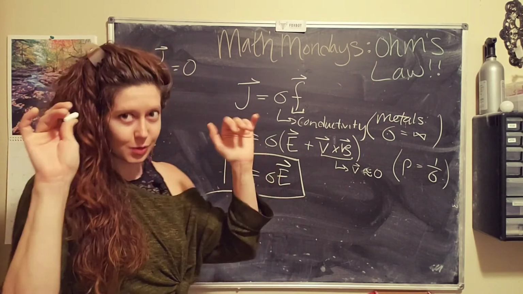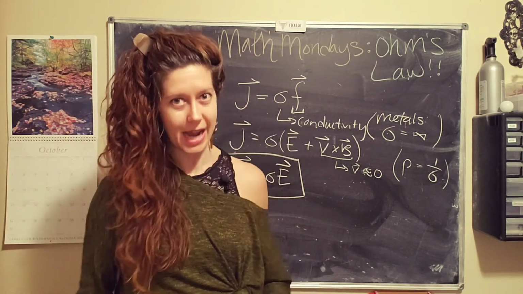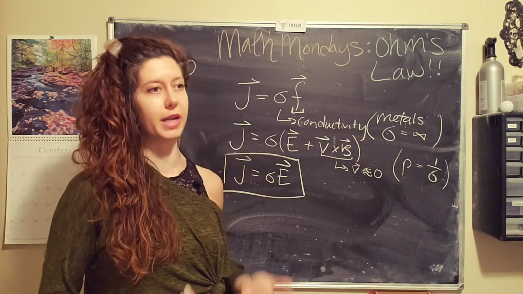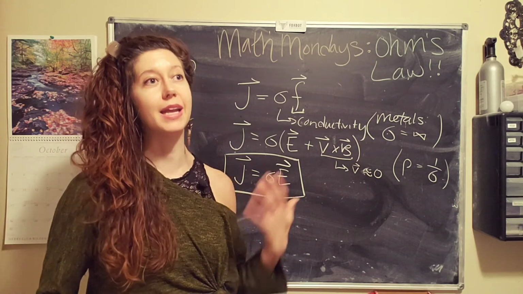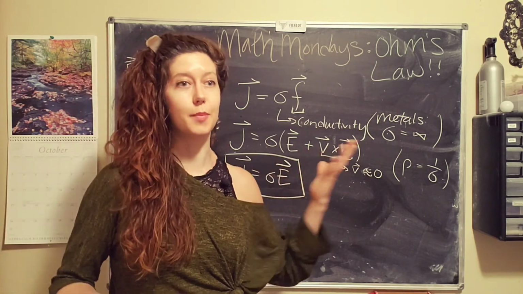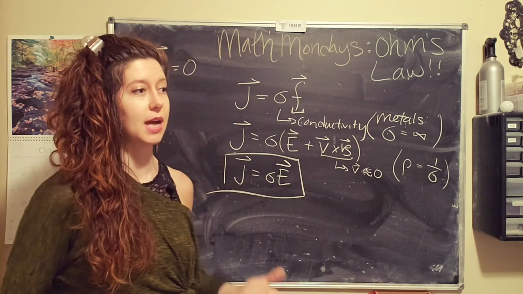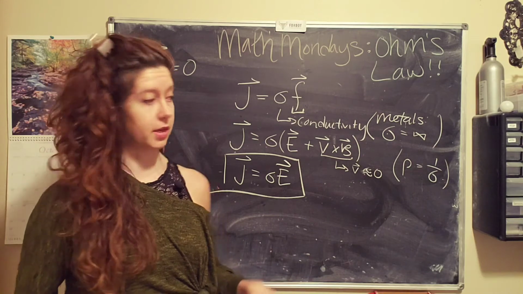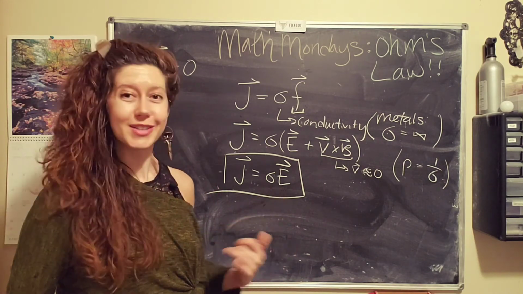It's not true in reality, but it's close enough that we can assume that, especially when we're talking about adding in other circuit components like resistors or capacitors or sensors and things like that that really do affect the current density because they have a different conductivity.